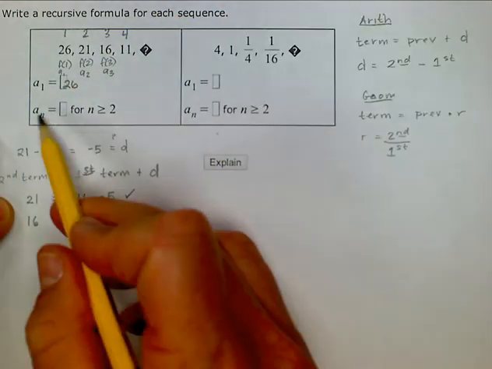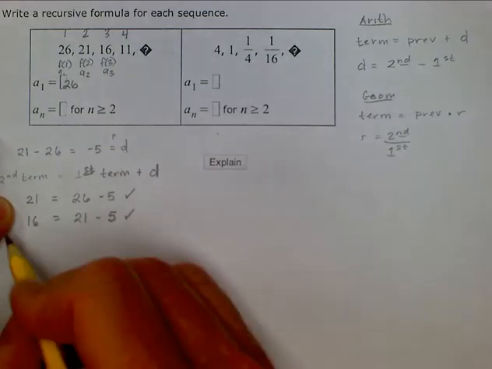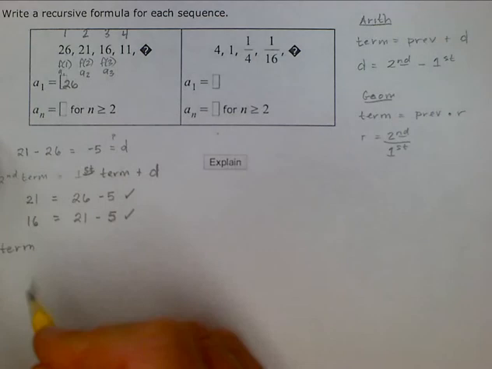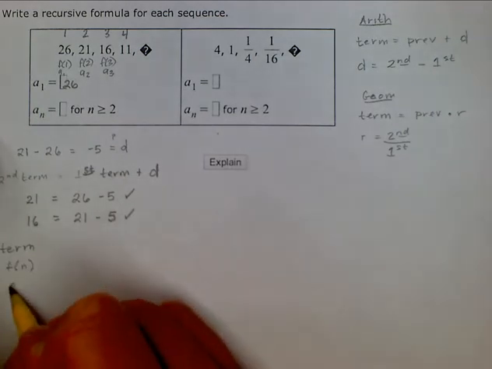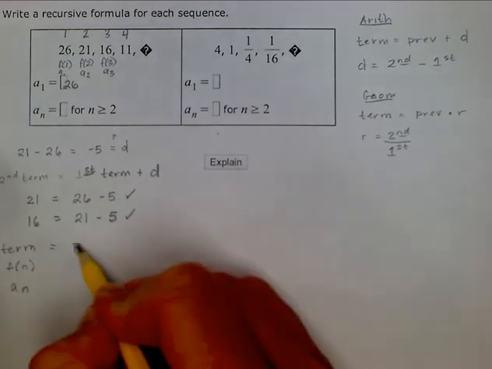And if we're writing the sequence, remember, for arithmetic, any term can be expressed as f of n or a sub n, which is equal to the previous term.